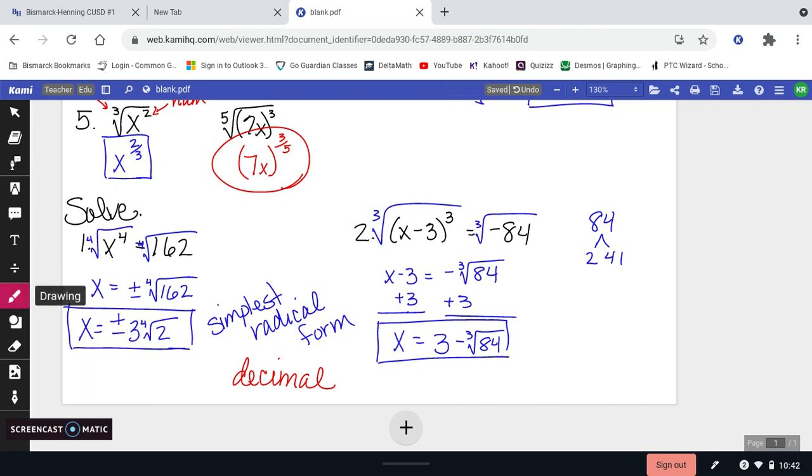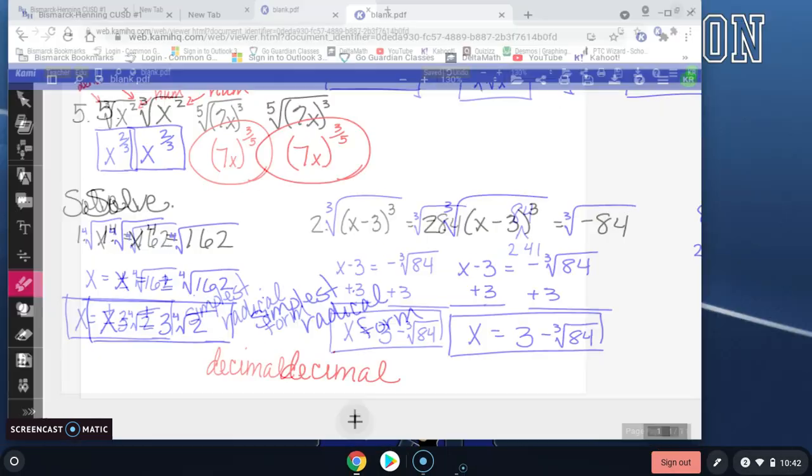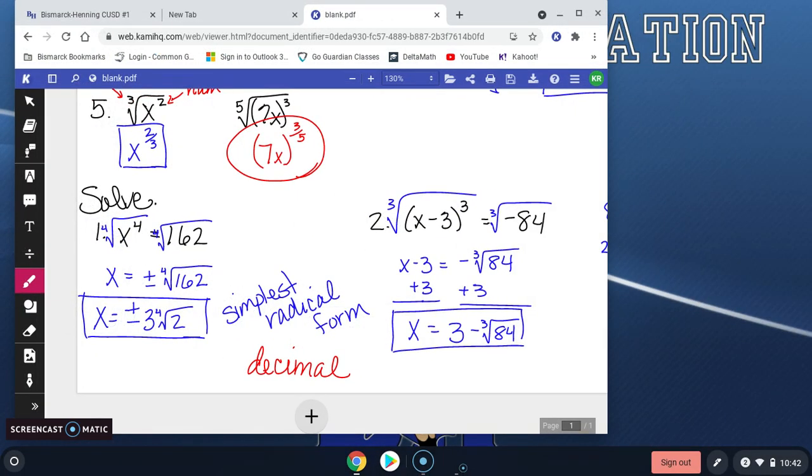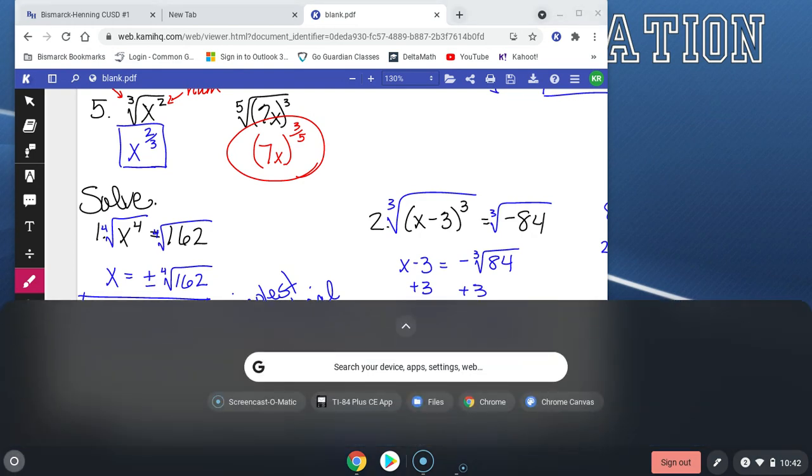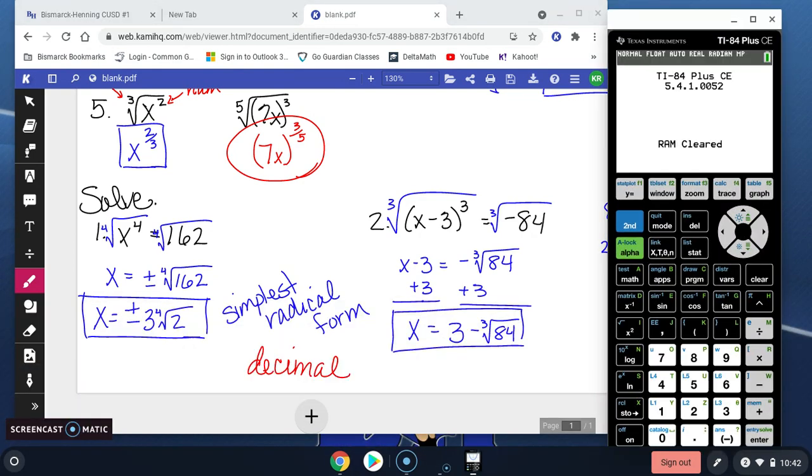Let's take a minute to look at your calculator to remind you how to do this. So this first one, plus or minus 3 times the 4th root of 2. You're going to do 3.